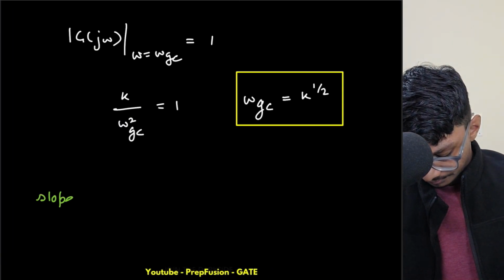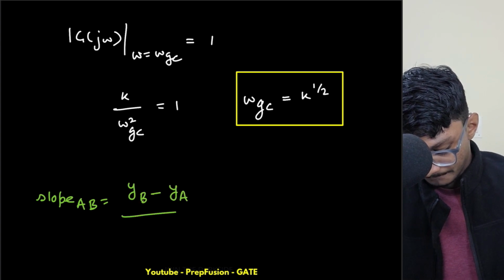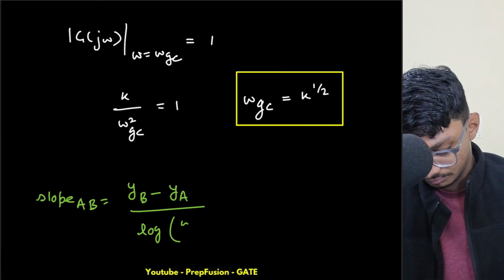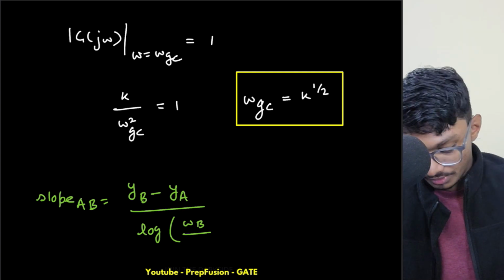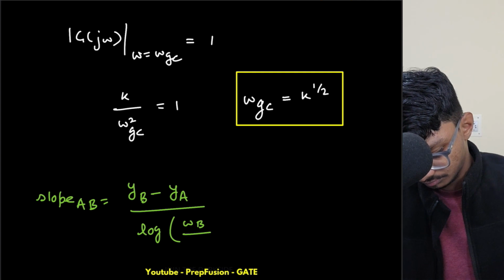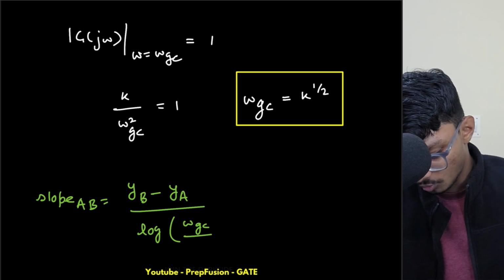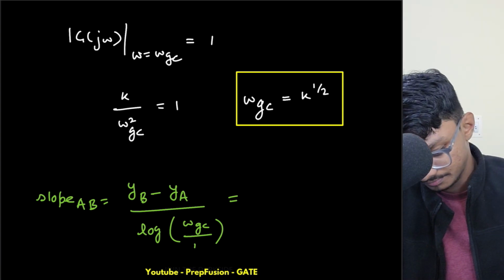I know my slope formula: yb minus ya divided by log of omega b by omega a. Omega b is omega gc, and omega a is 1, so point A is 1 only. And what is yb? yb is 0 because of unity gain, so 0 dB.